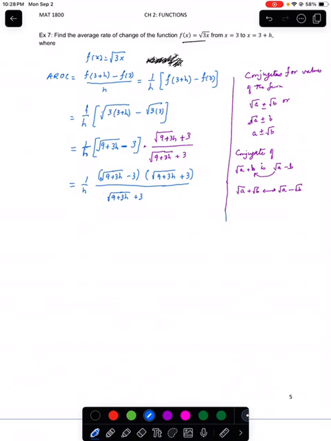Now if you recall the formula, a plus b times a minus b is equal to a squared minus b squared.